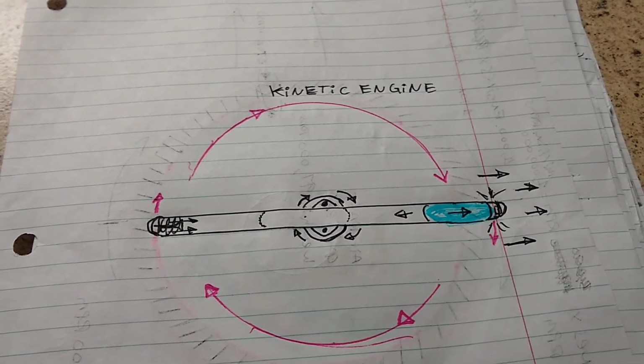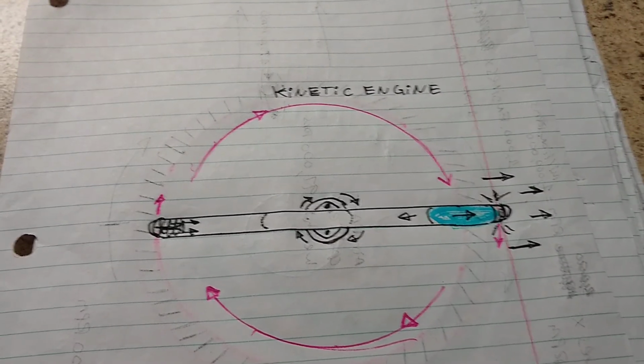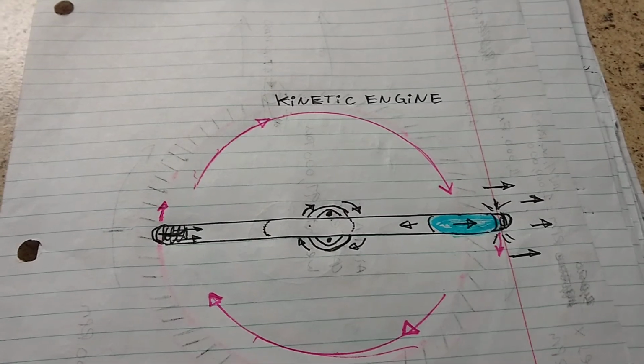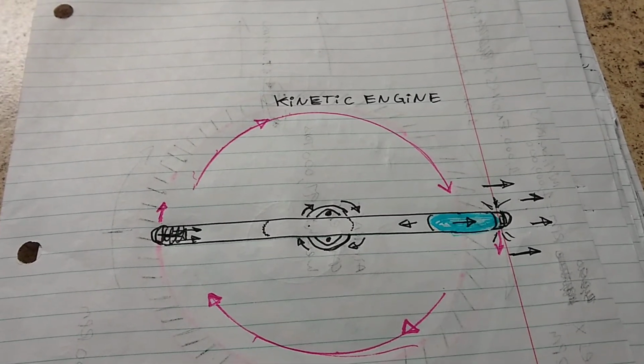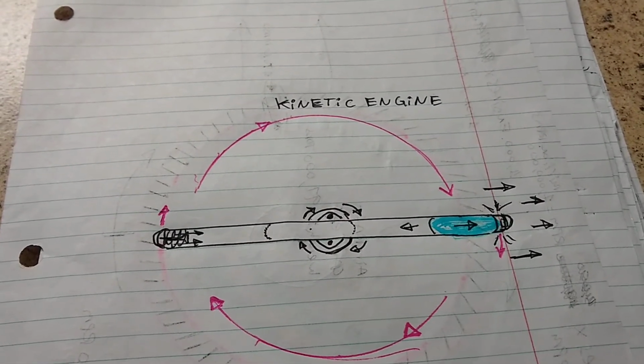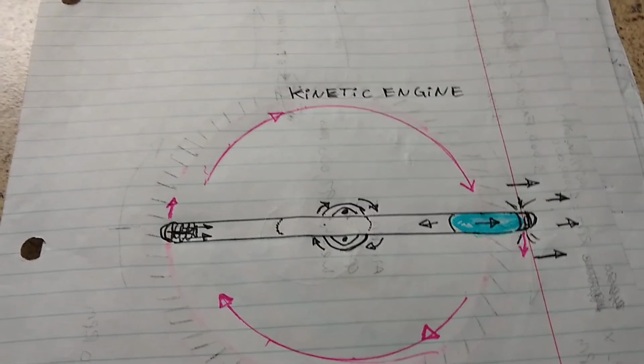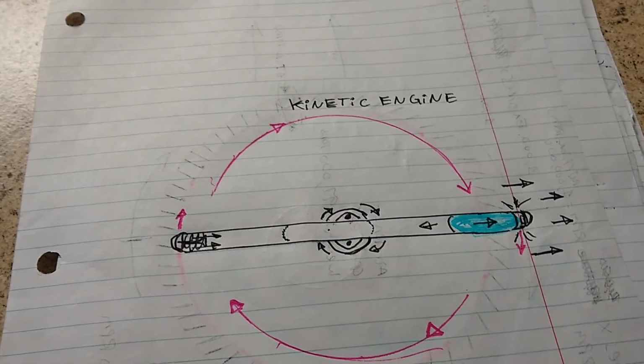And you can simply recharge this at the space station with their solar panels. So you don't have to carry propellant for the astronauts to propel themselves outside the space shuttle to do repairs or whatever. They could have this kinetic jetpack and move around in space.